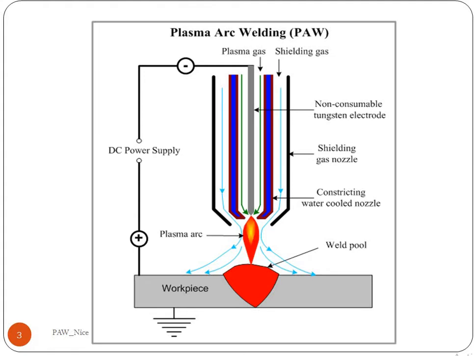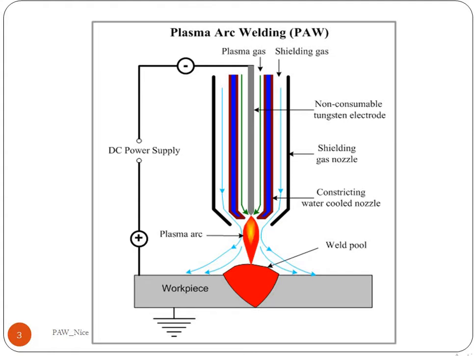This is known as plasma, and it has a high energy content. This high energy plasma, the hot ionized gas, is used to heat the workpiece, and the joining is done by the fusion process. So this is the basic principle of the plasma arc welding process.